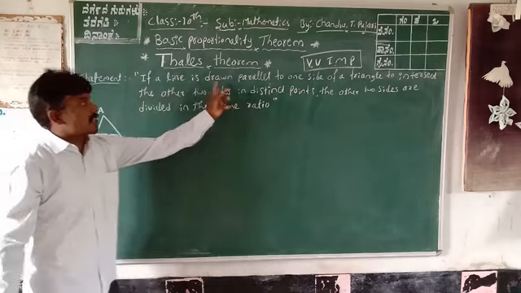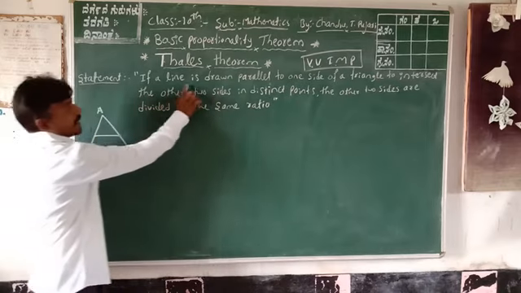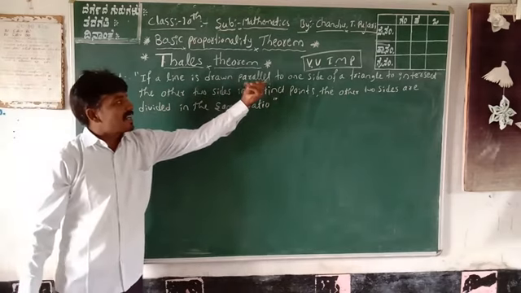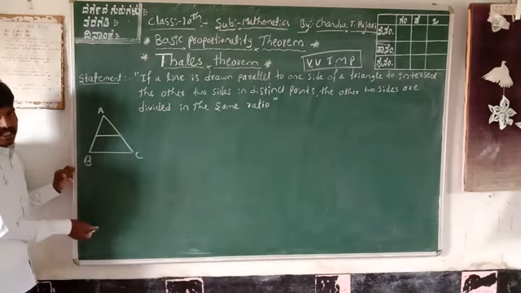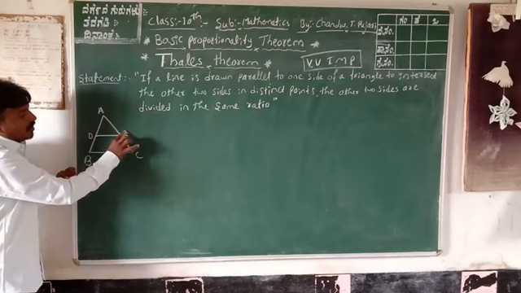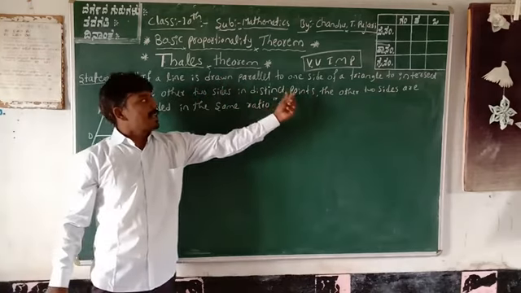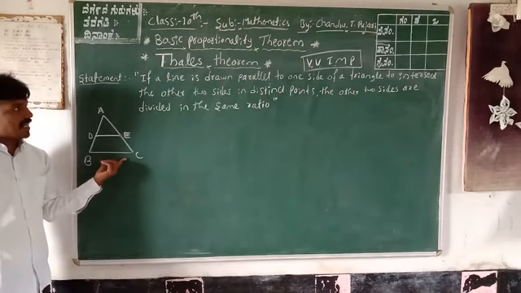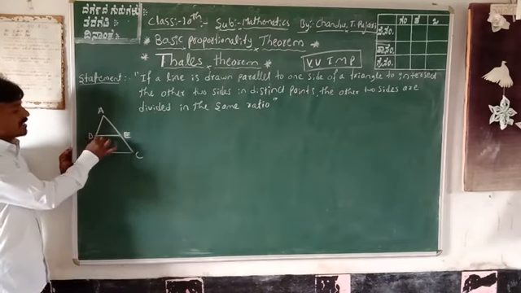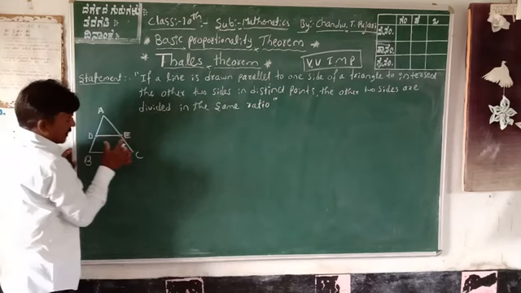If a line is drawn parallel to one side, the side is BC, so draw DE parallel to BC. Draw the line DE parallel to BC, intersecting the other two sides, AB and AC, at two distinct points.